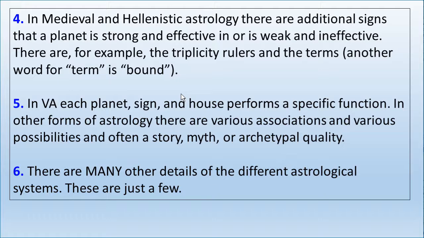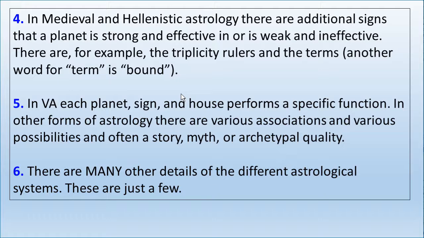Those are just a few key issues. There are many, many other details, obviously, of different astrological systems, including VA. I just wanted to review a few because we are very soon going to be going over the meanings of what Mercury in aspect to Venus means, what Mercury in aspect to Mars means, and we will be explaining it more in terms of functions, in terms of processes, and what the symptoms of that process are.